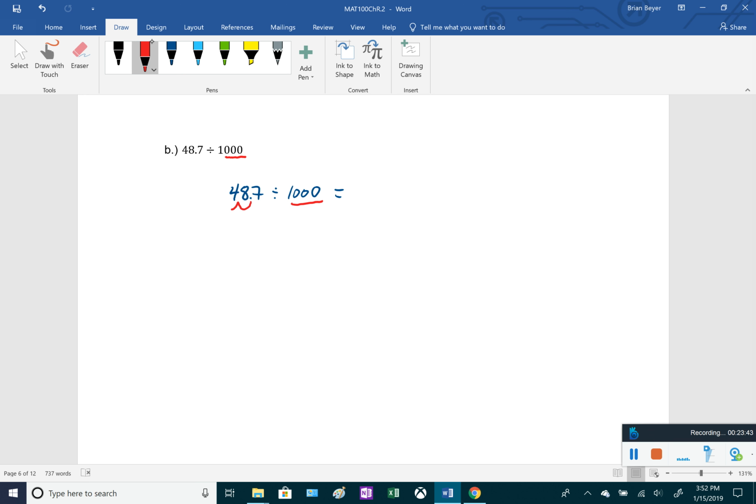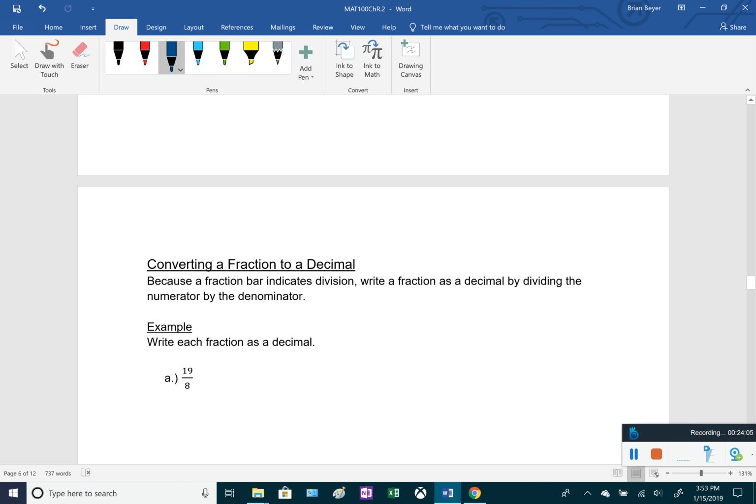We have to move it over 3 spots. So we need a placeholder right here. So it's going to be 0.0487 for our answer. Okay, so that's multiplying and dividing by powers of 10. It's relatively simple.